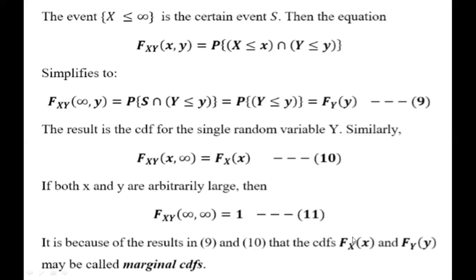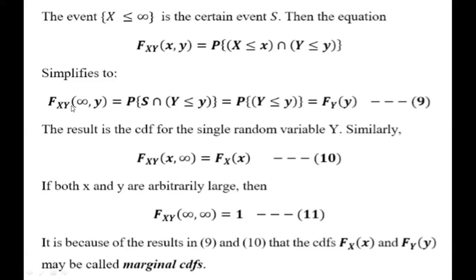Next, the CDF of the sure event. If one of the random variables is a sure event, then the CDF is called the marginal CDF.